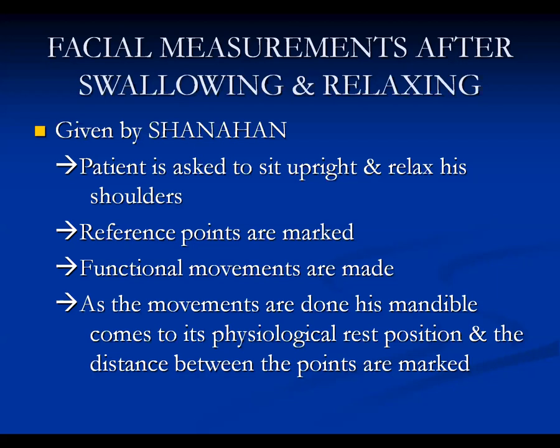So by using a combination of methods, you are going to record your vertical at rest. This is the Shanahan method: he asked patients to swallow and relax, and as soon as the patient relaxed, he measured the distance between two points.